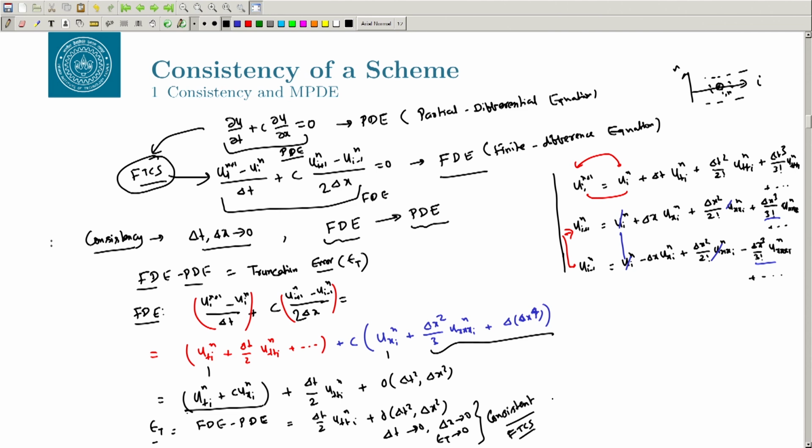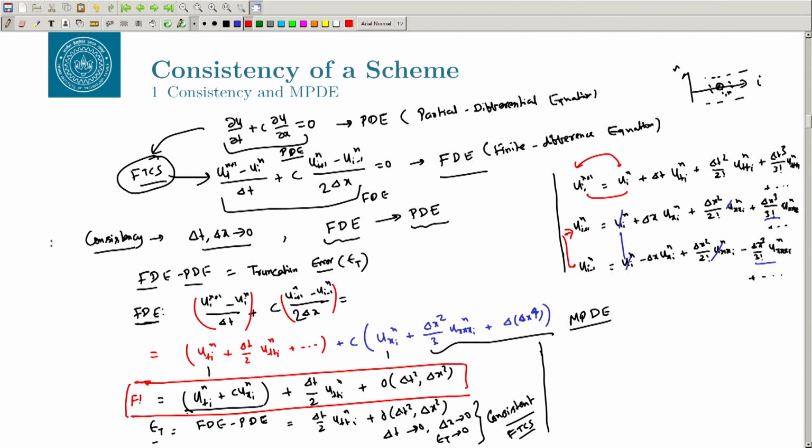There is no problem as far as consistency is concerned, but that is not enough. Let us look at the other property, let us look at the MPDE. So how do we get the MPDE? We have discussed last time that right now your FDE is equal to this. This one is my FDE. When we are solving using a numerical scheme, we are basically solving this problem on the computer.